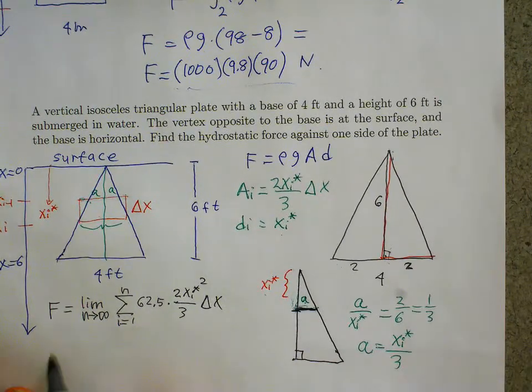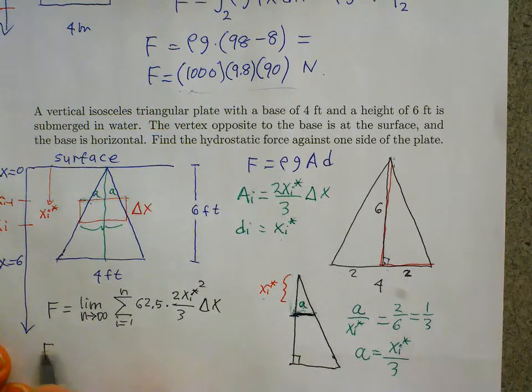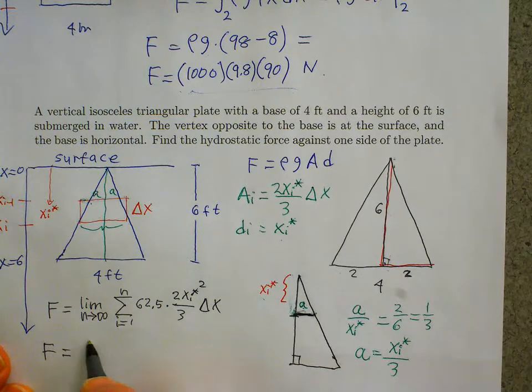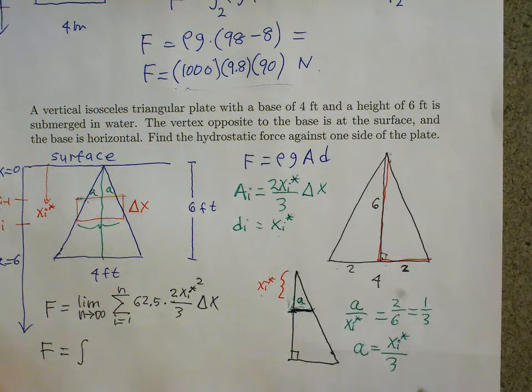And then when we compute the limit, we get F equals the definite integral. What are the limits of integration? 0 to 6. And I'm going to go ahead and multiply 62.5 times 2 and divide by 3.